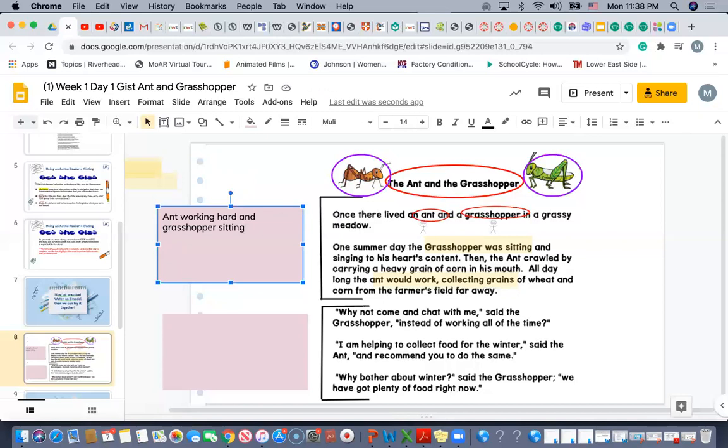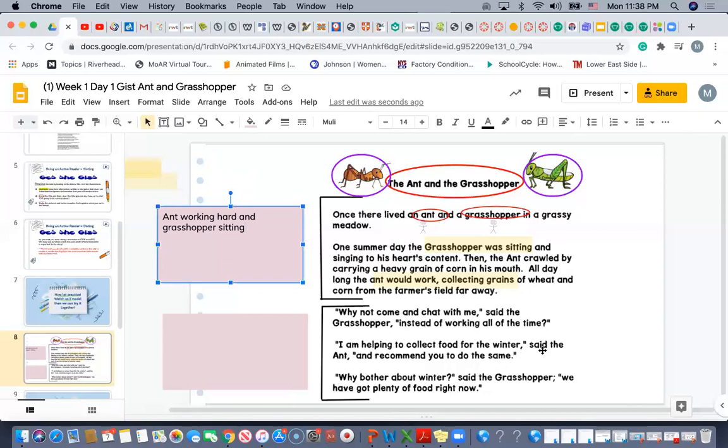They're short little words that remind me of what I just read. Now notice, I didn't highlight everything in the paragraph. I only highlighted what I felt was very important to know about the characters and where they were or what was going on with them. And I felt that this really gave me information about each of them.